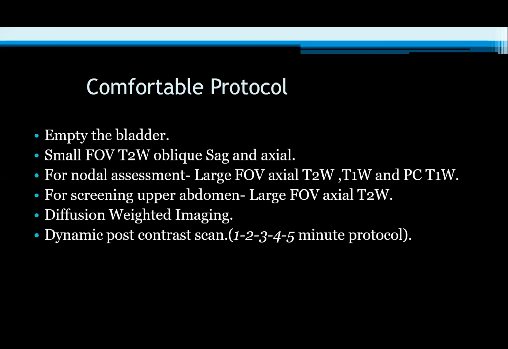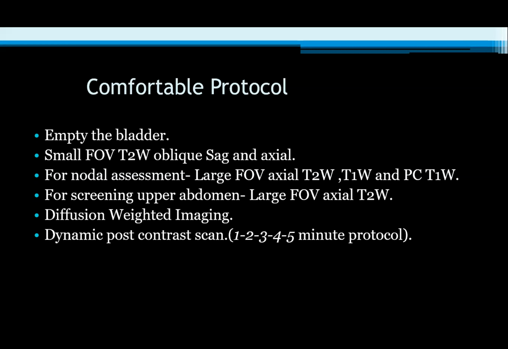So we have to first make the patient as well as the operator comfortable before taking the patient for MRI. First, you have to empty the bladder, because a full bladder will cause a lot of artifacts in the MRI, and the patient will also move if the bladder is full.